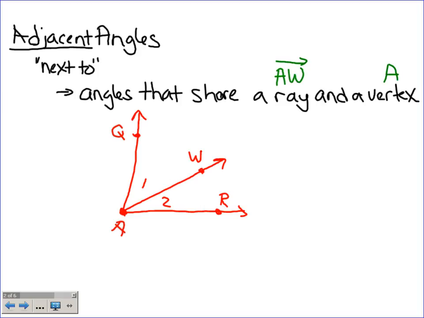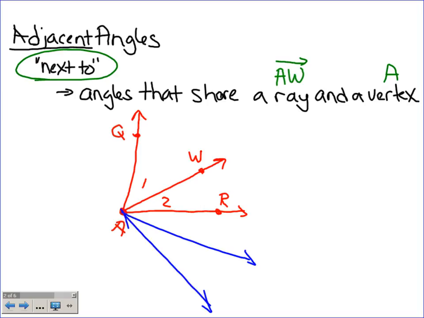Now, that's the definition. But think about this next thing. They're angles that are right next to each other. They're like next door neighbors. Okay? They're right there. If I was to draw something else, let me just start numbering these here. This is 3, this is 4, this is 5.